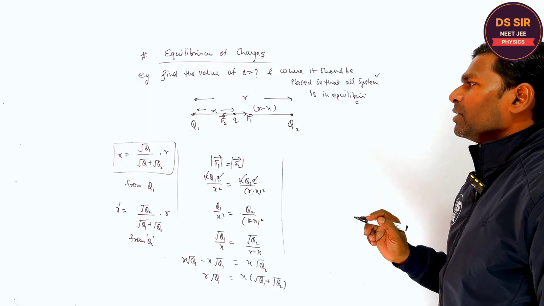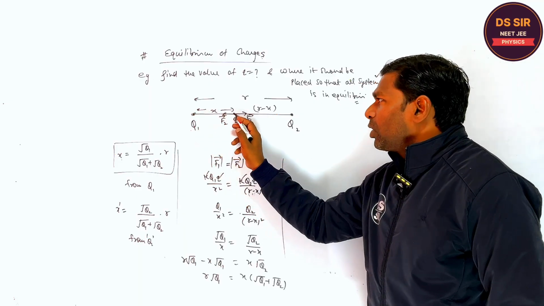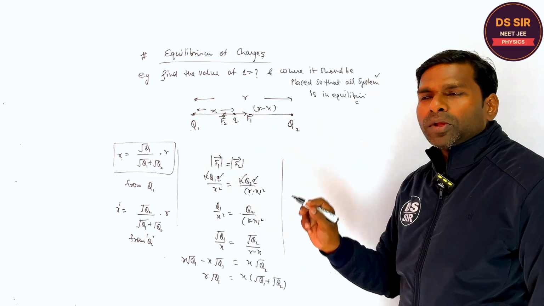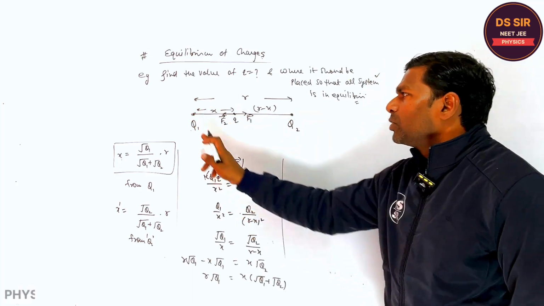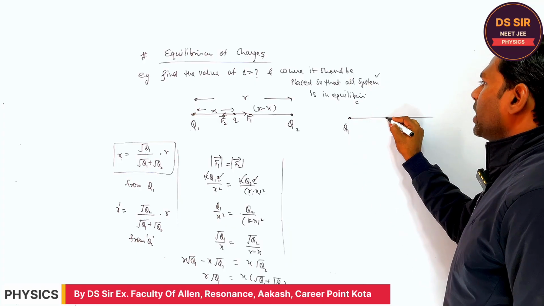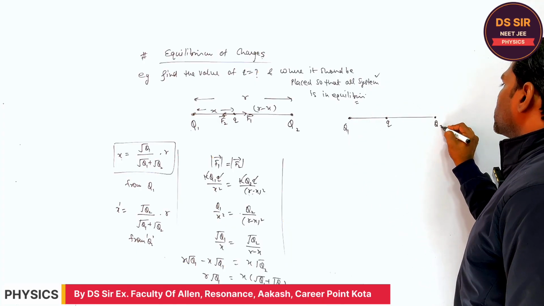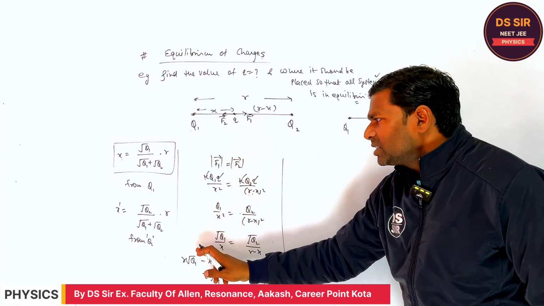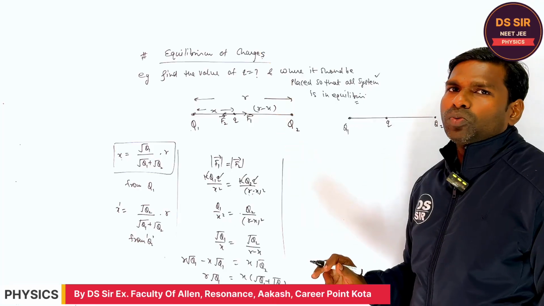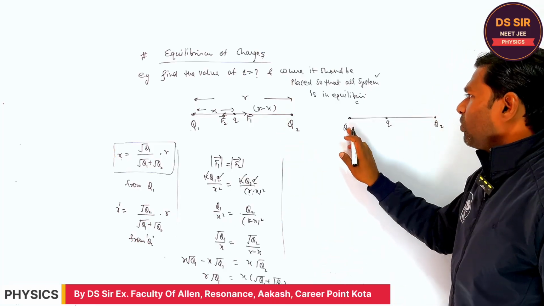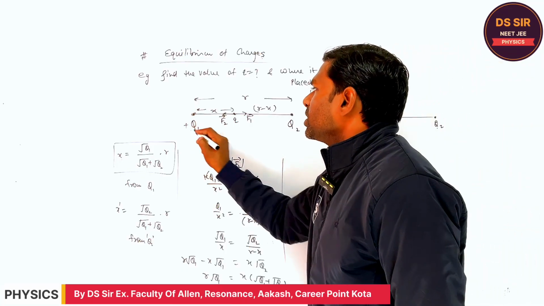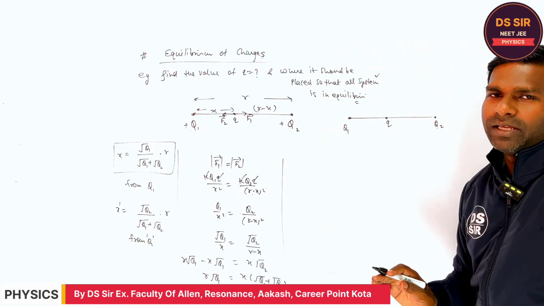What does it mean? It means along with this small q, this capital Q1 and capital Q2 must also be in equilibrium. So consider this is the charge Q1, this is the charge Q, and this is Q2. This is the distance we have found with the help of the equilibrium of small q. Now consider Q1 and Q2; it is given in the question that both are of the same sign.